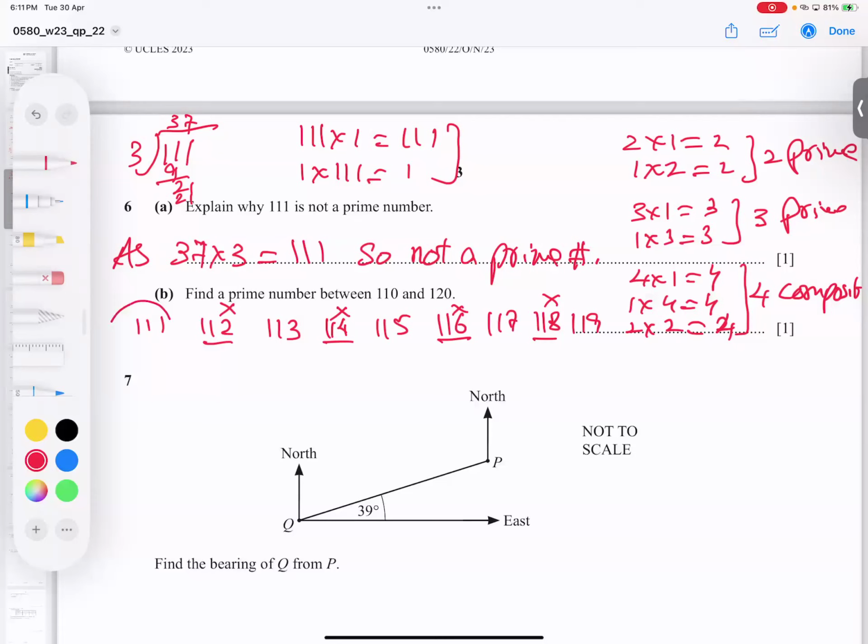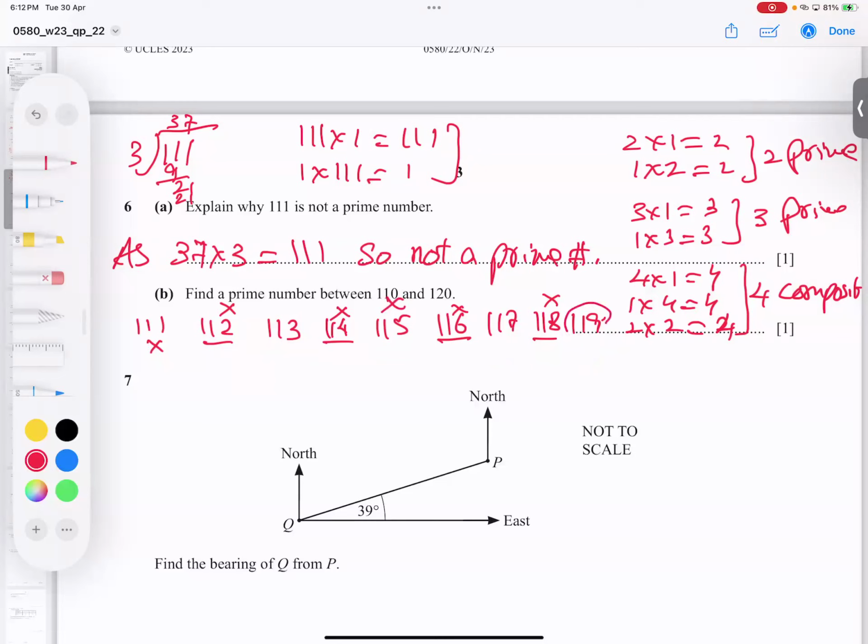Now 111, we already know, is not a prime number. It's gone as well. And now we will check what is left: 119, this one, and this one. So check them one by one. For example, 115, this is ending with 5, so it is 100% divisible by 5. This is also gone.